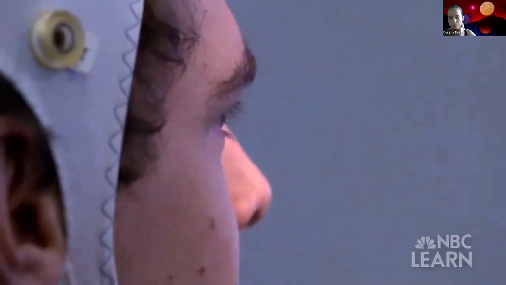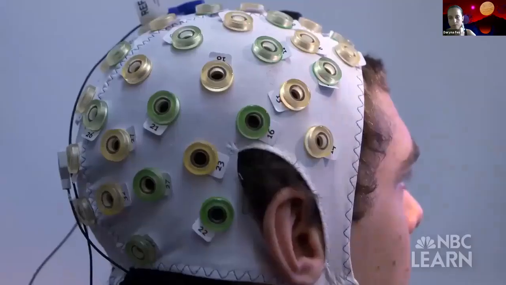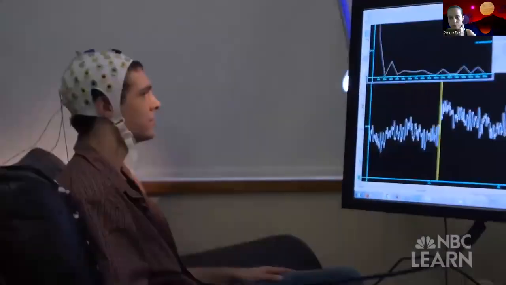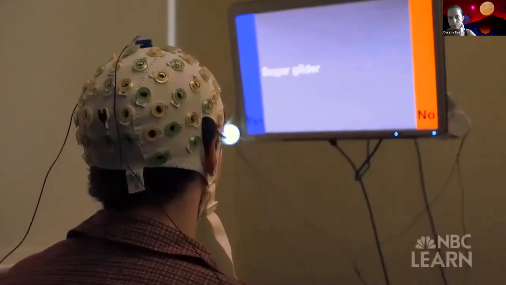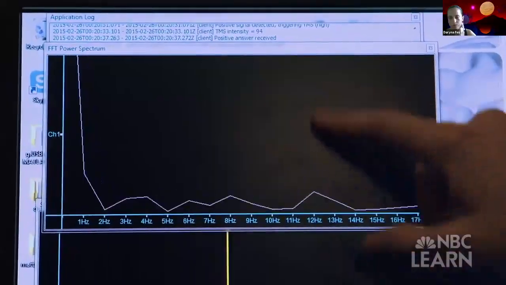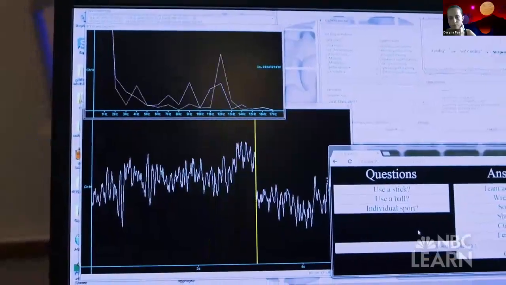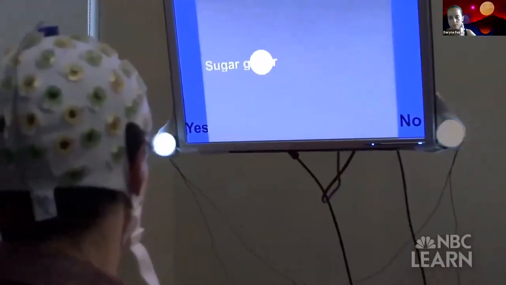When the subject's eyes focus on one of the response lights, the frequency of that specific light is picked up by the visual cortex in the brain and measured by the EEG cap. 12 hertz represents a yes frequency, while a no is at a frequency of 13 hertz. Now you can see the peaks right around 12 hertz. The computer interprets the signal and moves the cursor in the direction of the response.